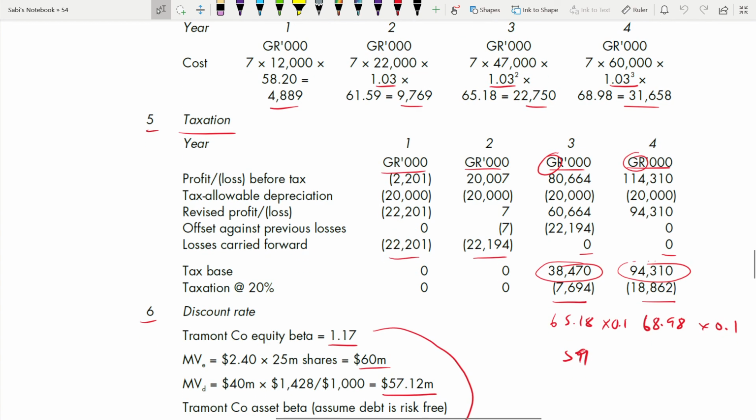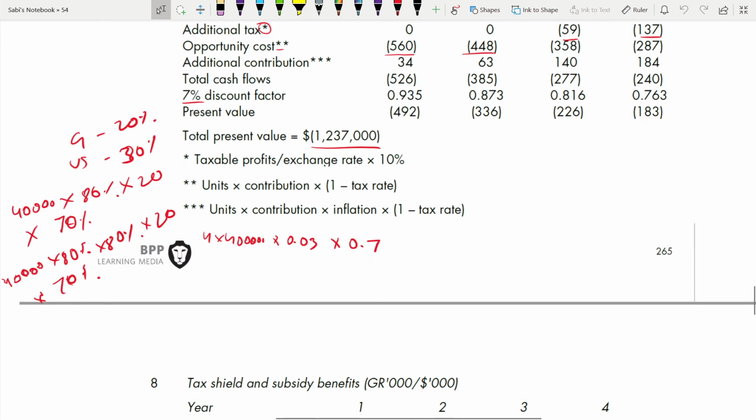We'll keep on trying. 4 into 12 to 0.03 into 0.7. We are getting 1008, which is wrong.